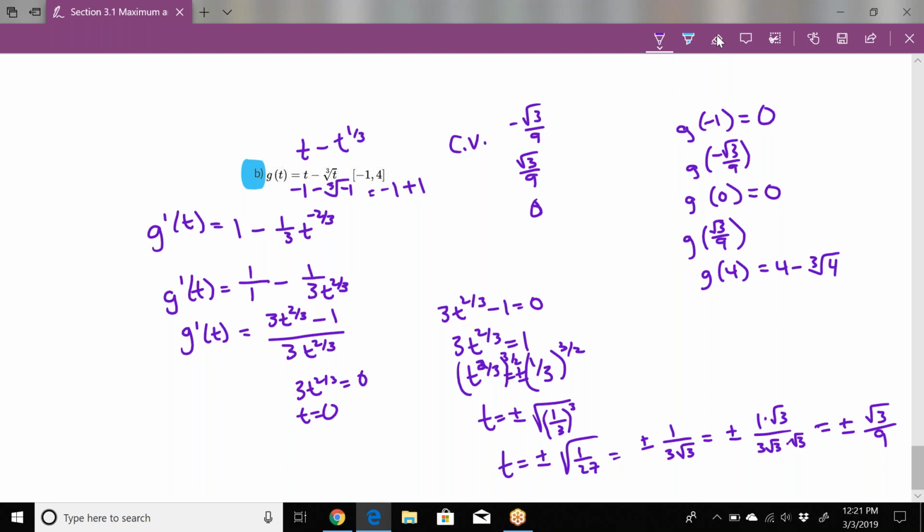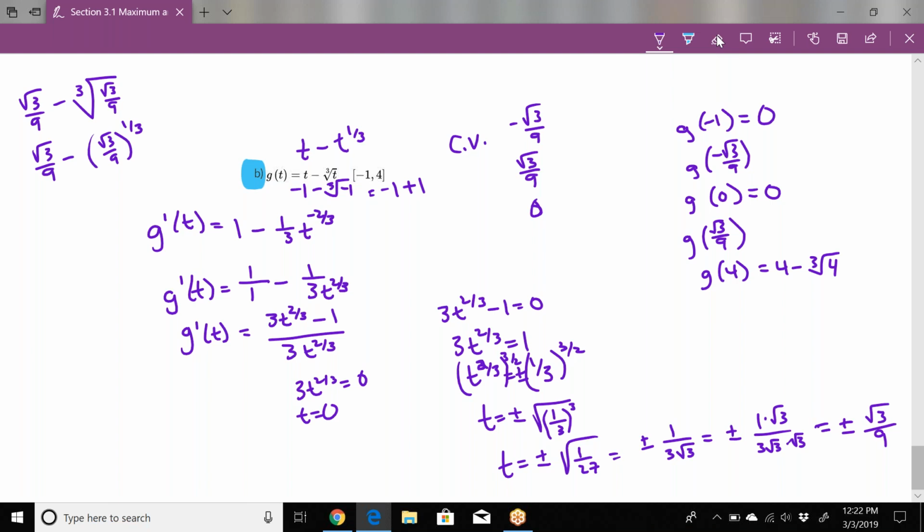If we plug in square root of 3 over 9, that's square root of 3 over 9 minus the cubed root of square root of 3 over 9. So we're going to have to work out what that would be. I would rewrite it as square root of 3 over 9 to the 1/3.